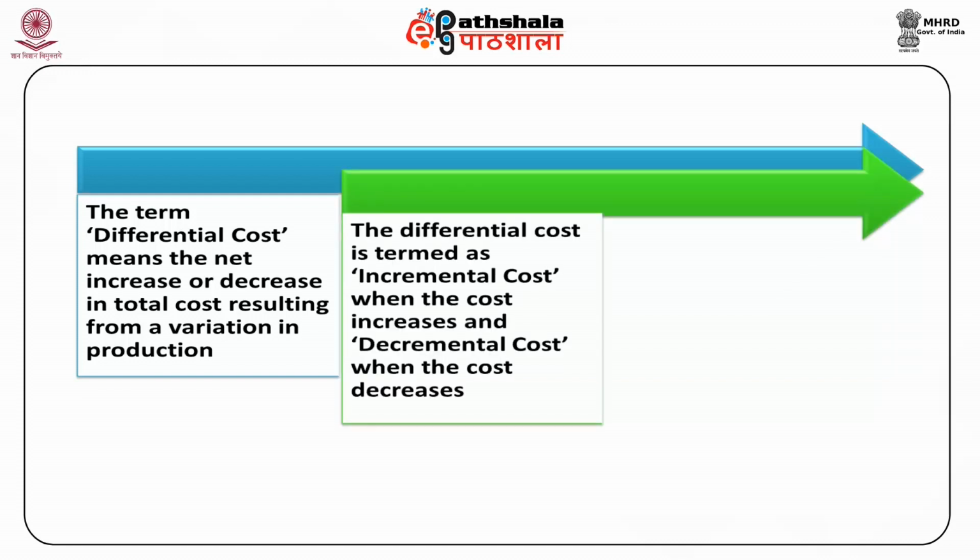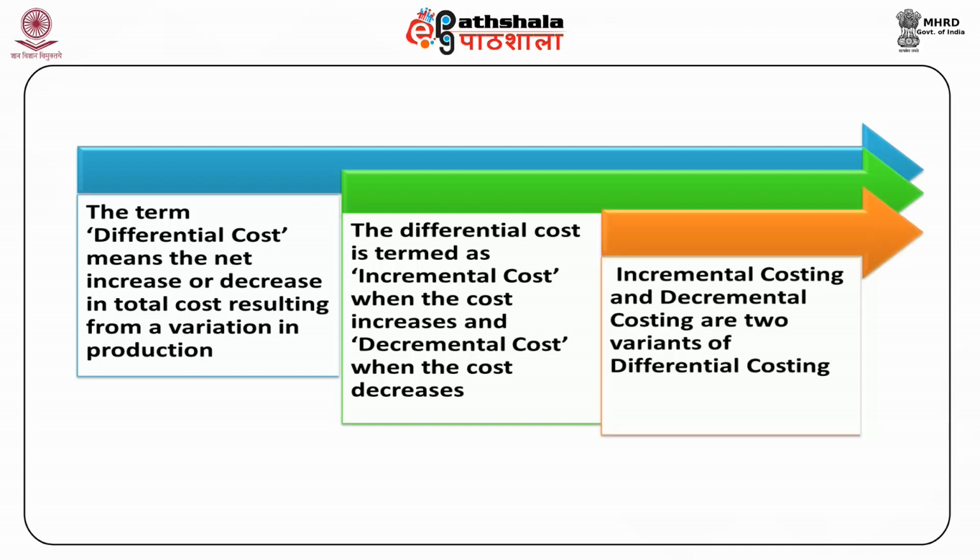The differential cost is termed as incremental cost when the cost increases and decremental cost when the cost decreases. Thus, incremental costing and decremental costing are two variants of differential costing which are different from marginal costing and direct costing.